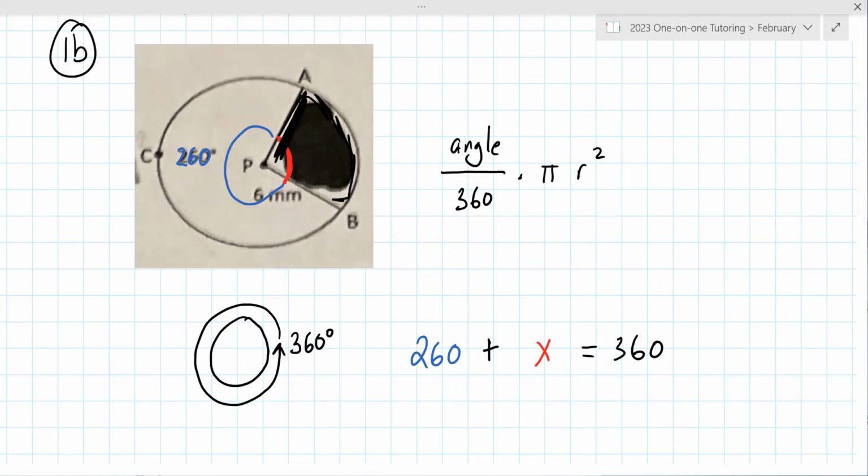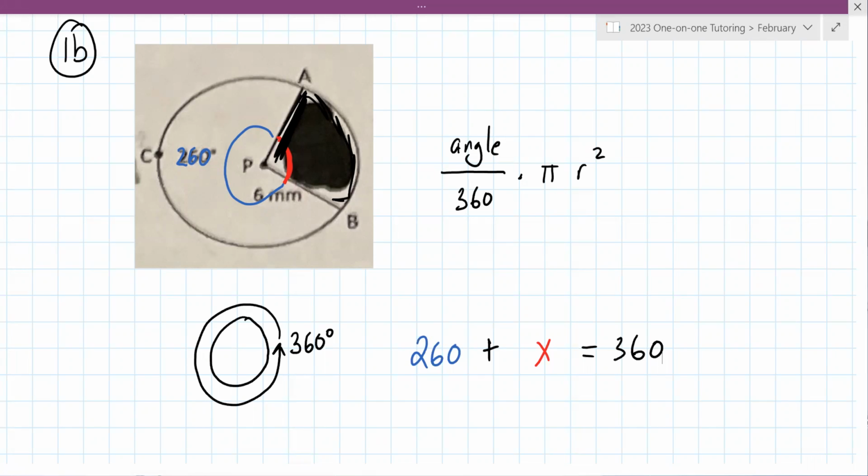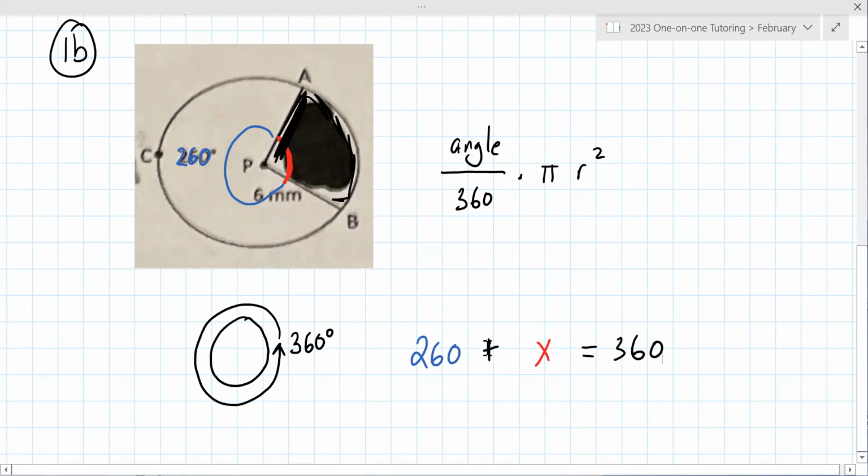Can you solve for X? How do you solve for X in this equation, Sourish? You have to be able to add 260 and 360. Well, on the side with the variable, 260, is it being added or subtracted? Subtracted.